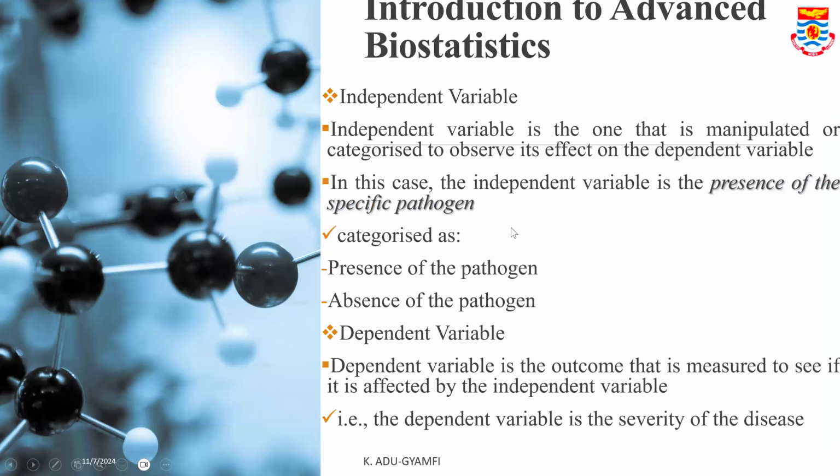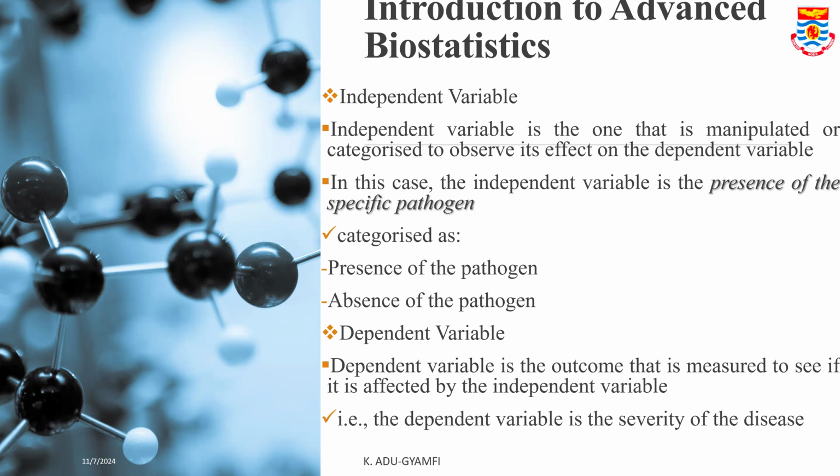The independent variable is one that is manipulated or categorized to observe its effects on the dependent variable. In this case, the independent variable is the presence of the specific pathogen we are dealing with. It can be categorized as presence or absence, so the categories are 2.